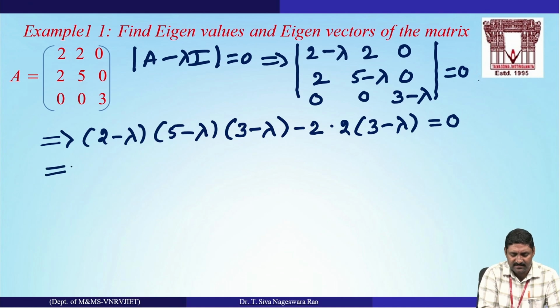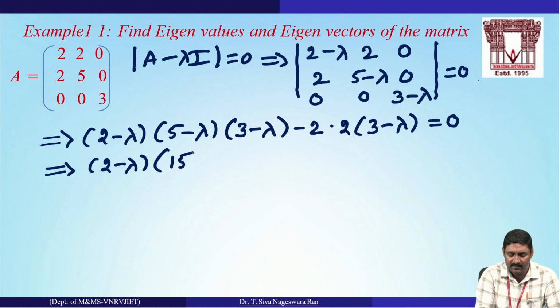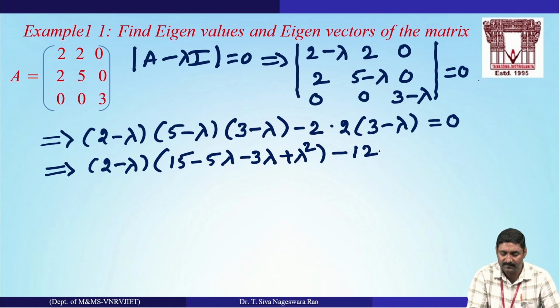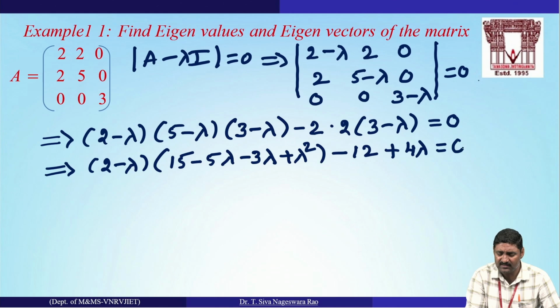Now I am going to simplify this expression: (2 minus lambda) into (15 minus 5 lambda minus 3 lambda plus lambda square) minus 12 plus 4 lambda is equal to 0.